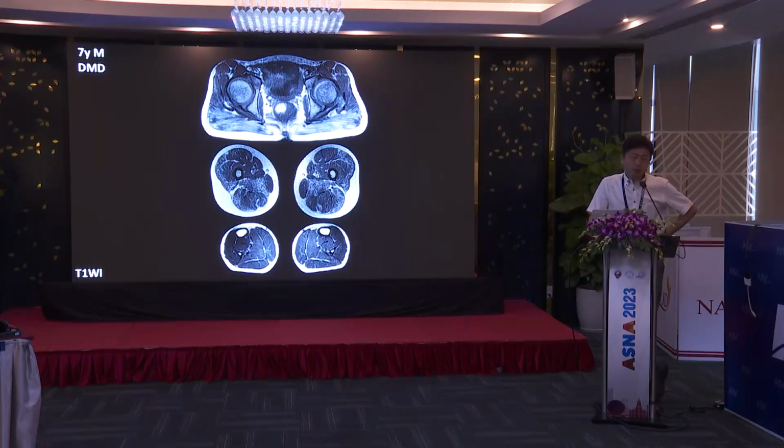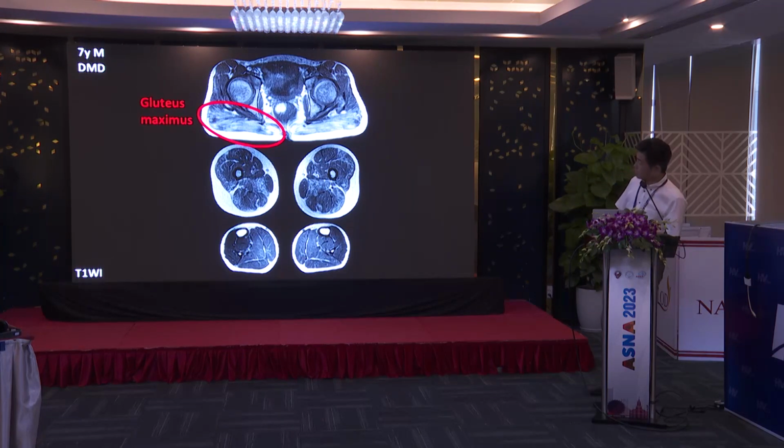And also nowadays, the importance of muscle imaging analysis is increasingly recognized. Unfortunately, we don't have a muscle MRI of this particular patient, but this is the MRI from another Duchenne muscular dystrophy patient. But clearly, see, the gluteus maximus muscle is markedly infiltrated by fat.